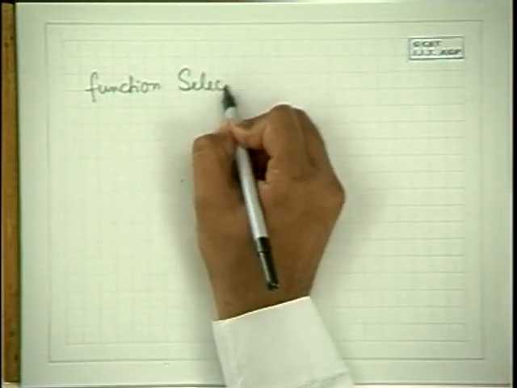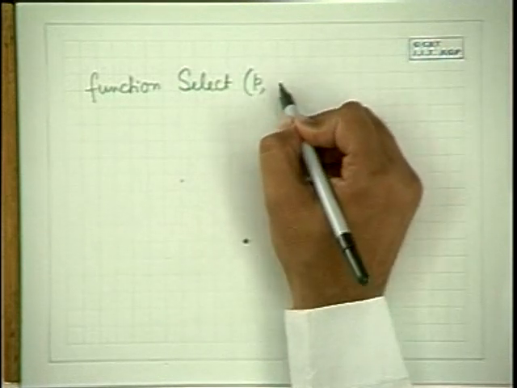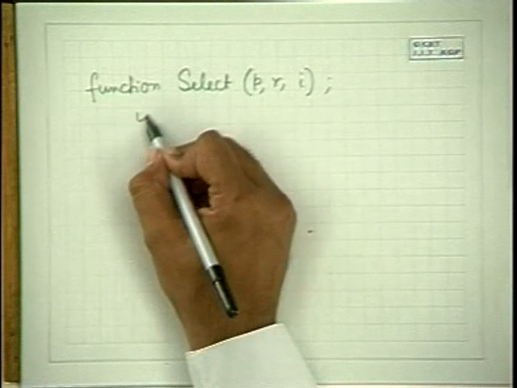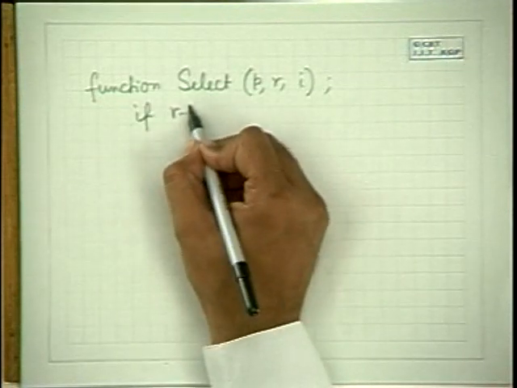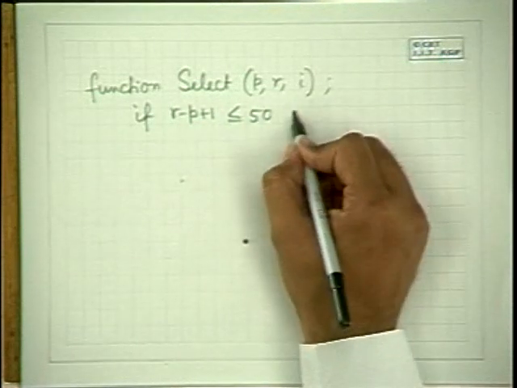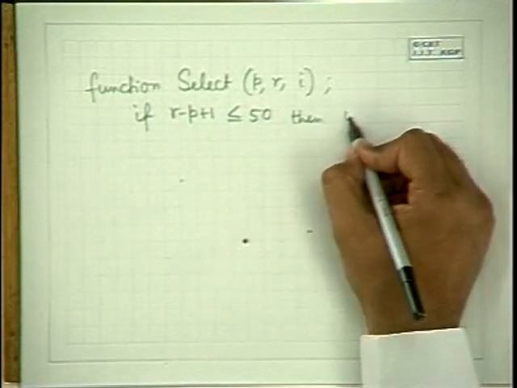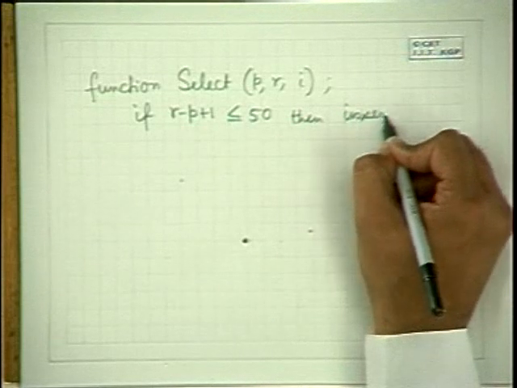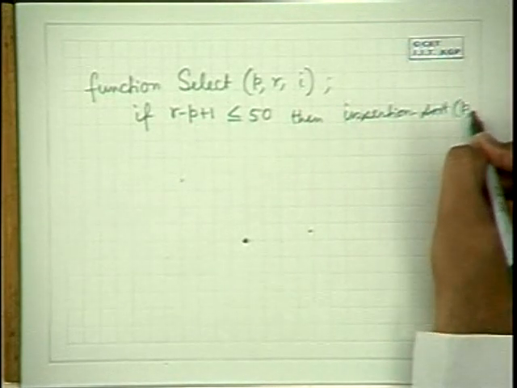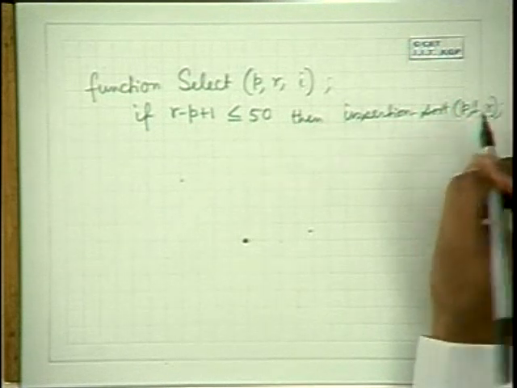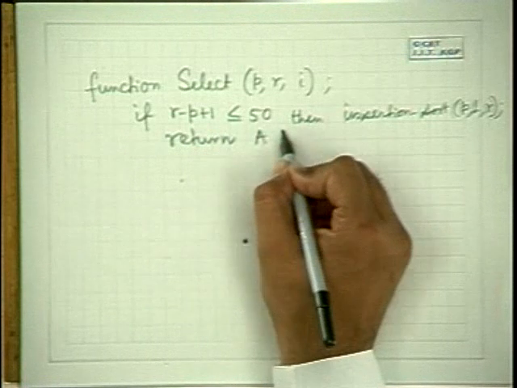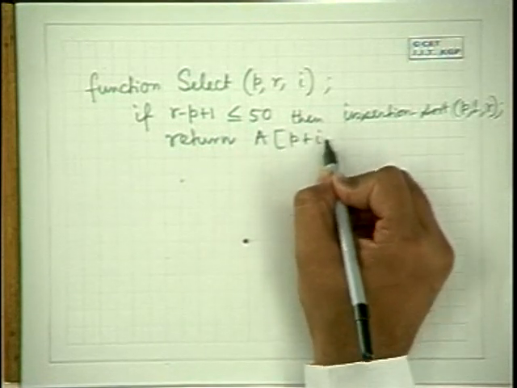Function select(A, p, r): if r minus p plus 1 is less than or equal to 50, then insertion sort A[p..r] and return A[p plus i minus 1].